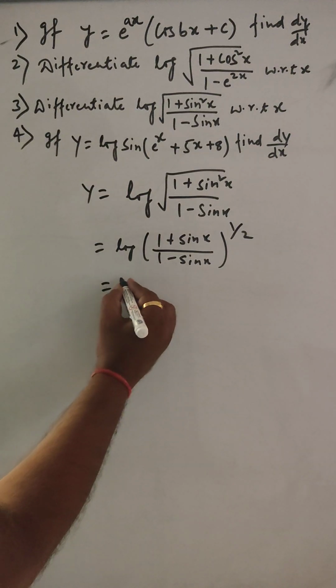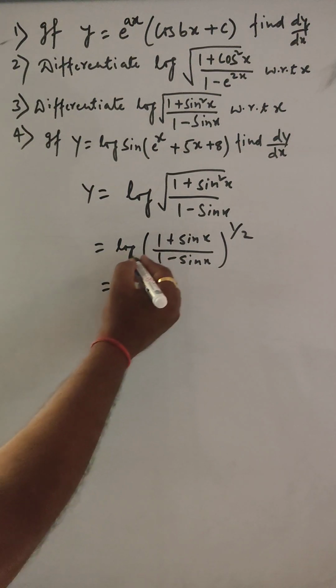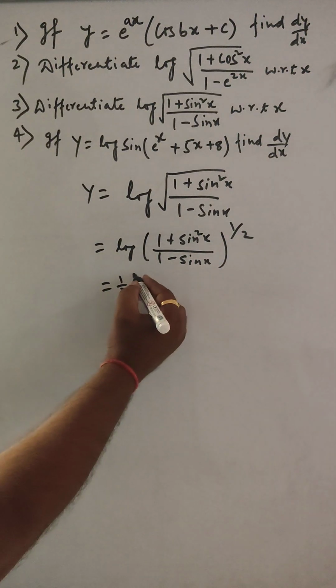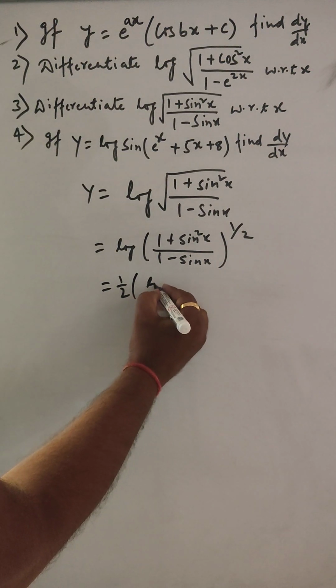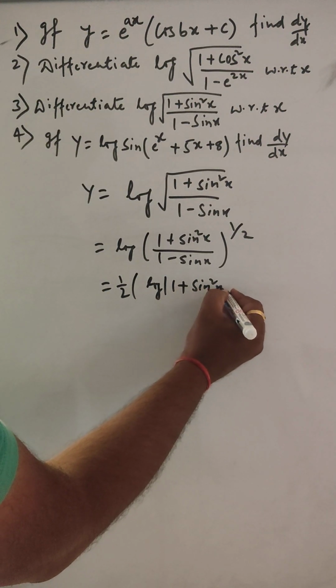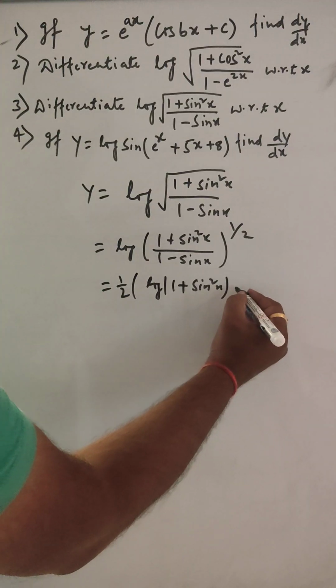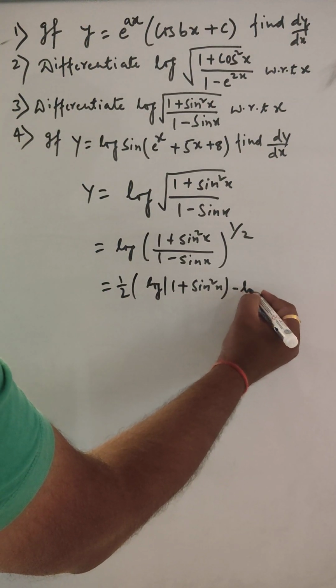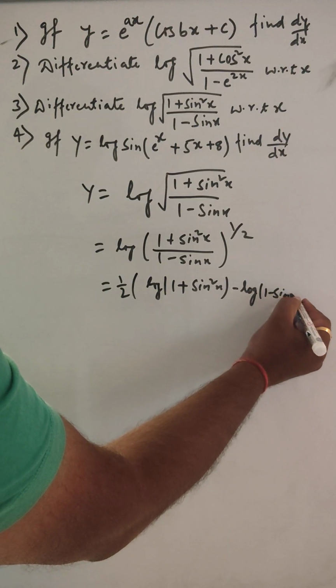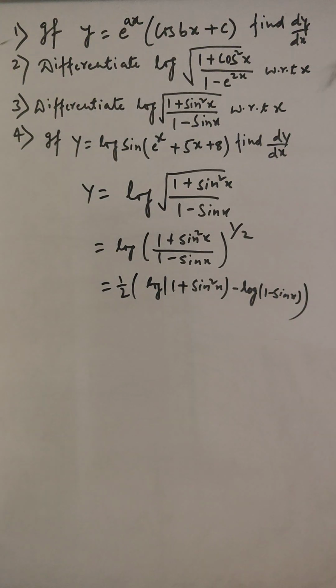So 1/2 will come outside, and here this is a square, right? Okay, so here we can do like log 1 plus sin square x, correct, and then minus log 1 minus sin x. Okay, so this much we can do.